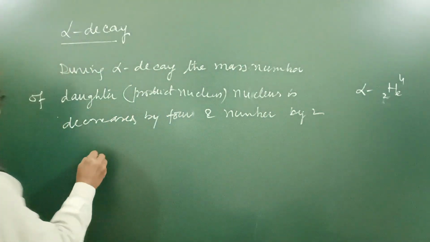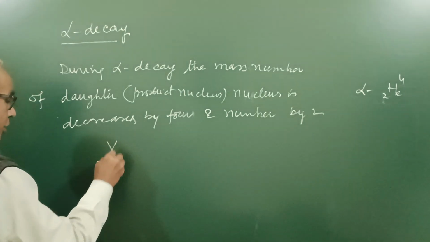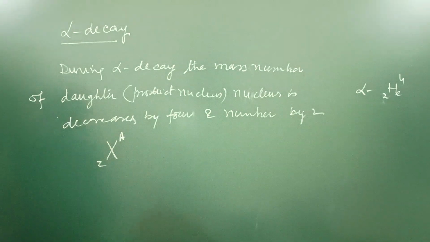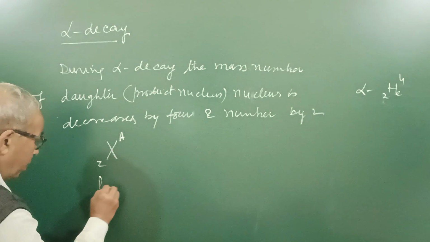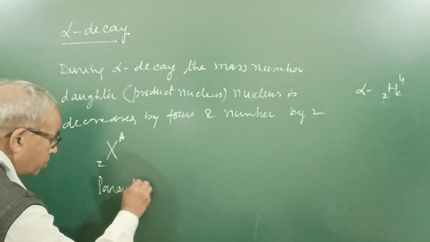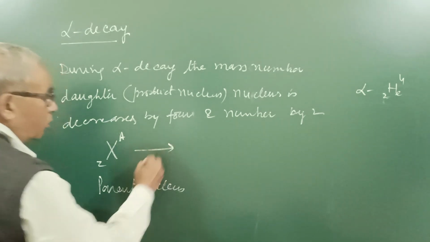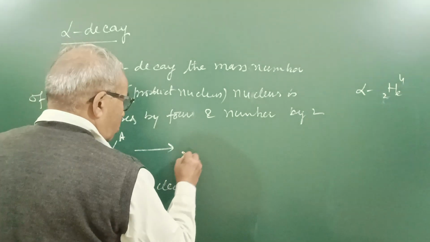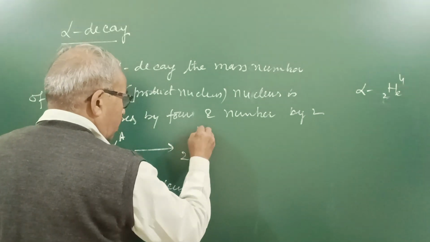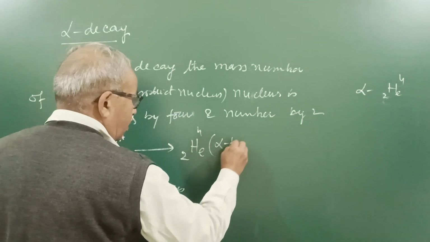That is, if ZXA is the parent nucleus, this is called the parent nucleus. It decays into 2He4, that is, an alpha particle.